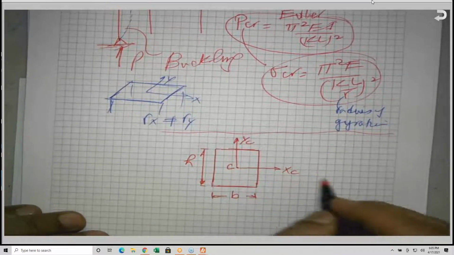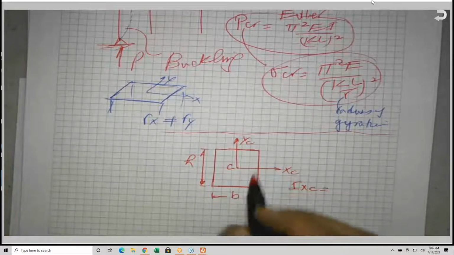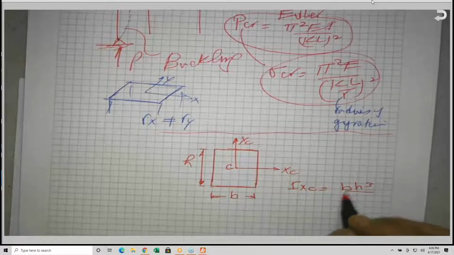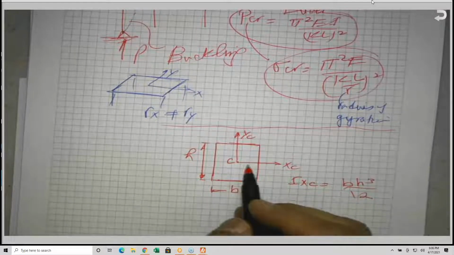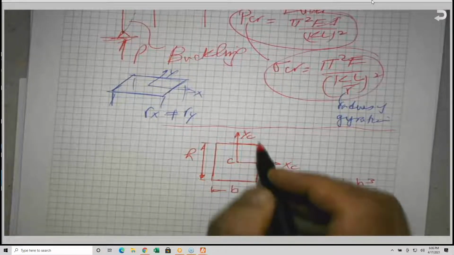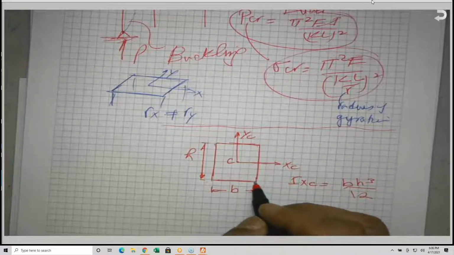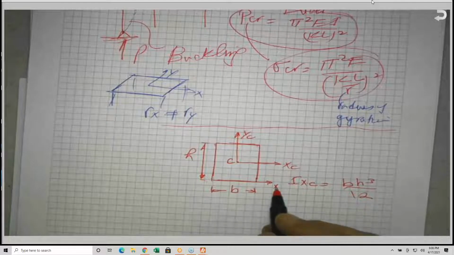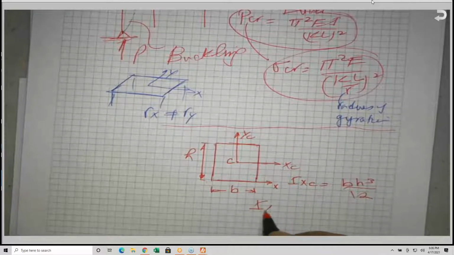You will find that the IXC is equal to BH cubed over 12. So the IXC is equal to BH cubed over 12. If I do have another X like this, I need to find the moment of inertia about IX.